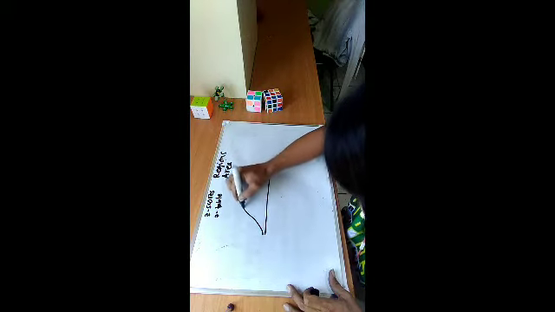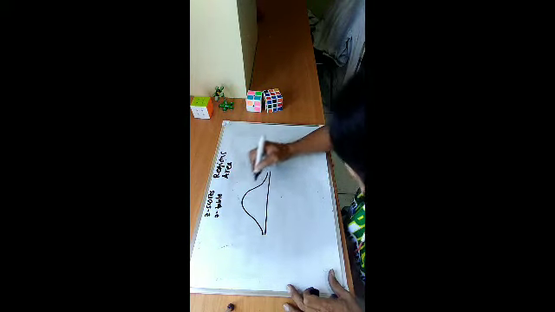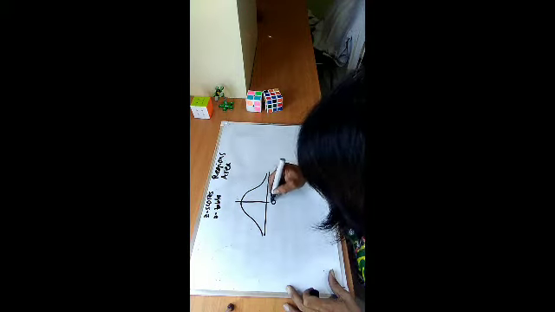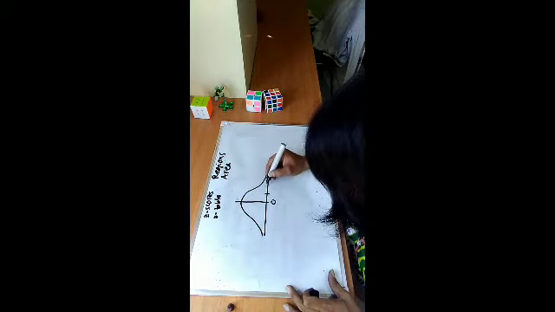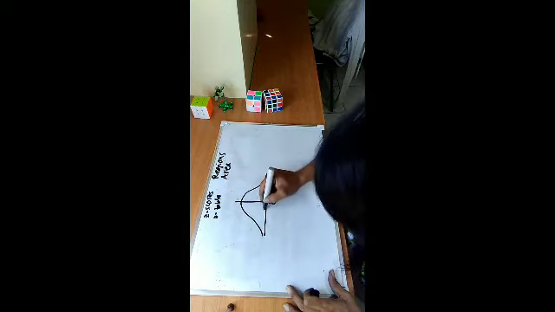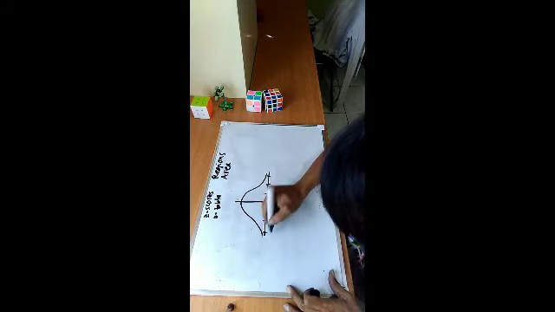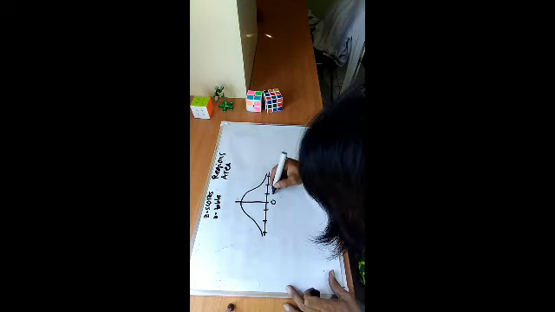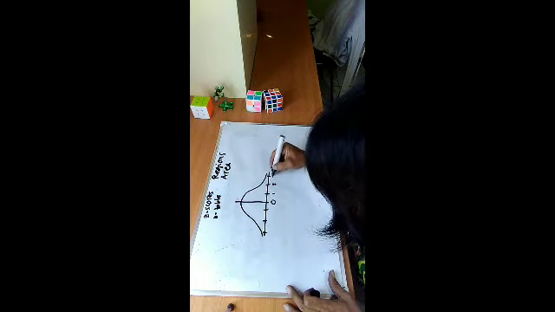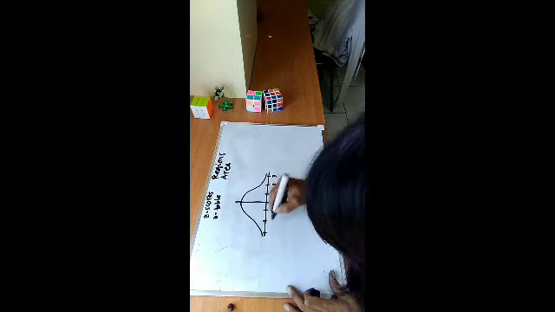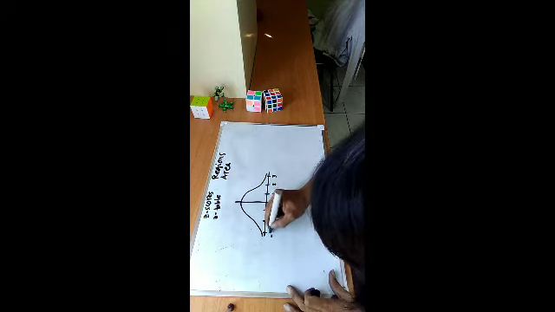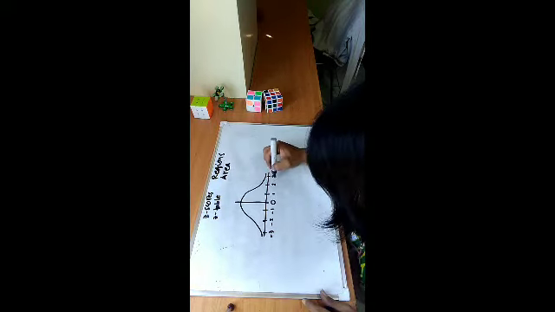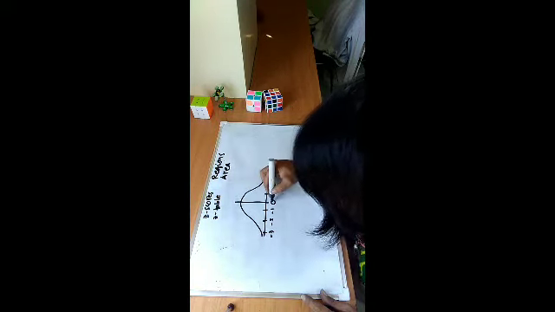From this normal curve, we all know that the center is our mean. The 3 numbers to the left and to the right of the mean are called the z-scores: 1, 2, 3, -1, -2, -3.